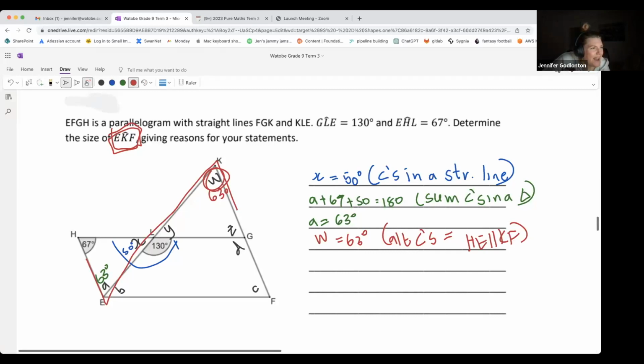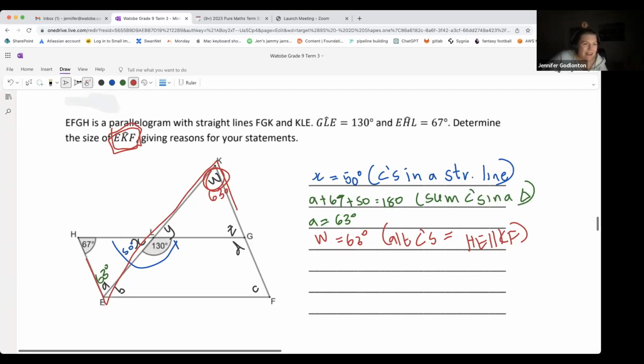I'm seeing lots of other ones here, which is cool. Did anyone do it a different way? Did anyone not do it this way where we did the alternate angle? I'm just curious. Doing a long way is okay. Did anyone start by finding Y? It's so interesting.